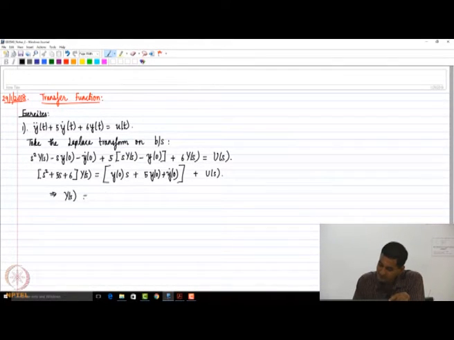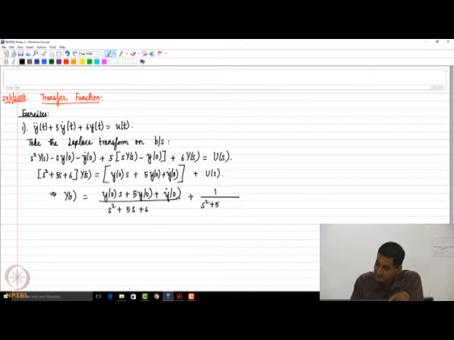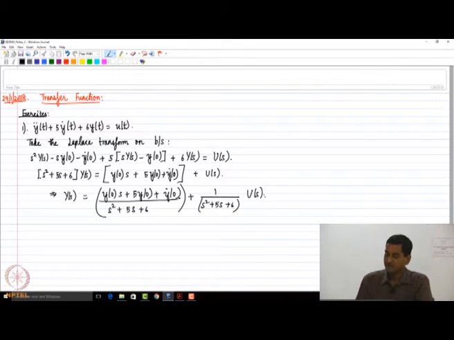So as a result, y of s is going to be equal to y0 s plus 5y0 plus y dot 0, the entire thing divided by s squared plus 5s plus 6, plus 1 divided by s squared plus 5s plus 6 times u of s. Now we take all initial conditions to be 0, but I wanted to do a similar exercise like last class to convey that the output has 2 components.